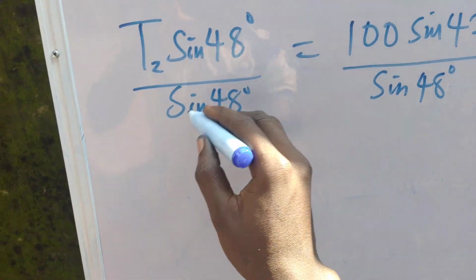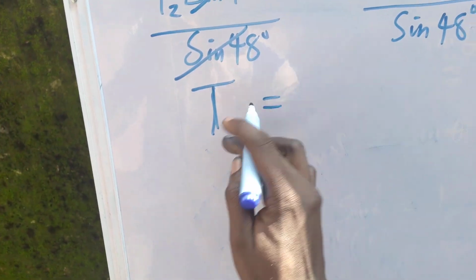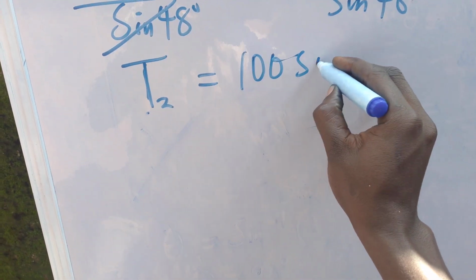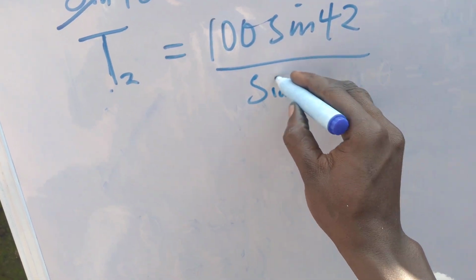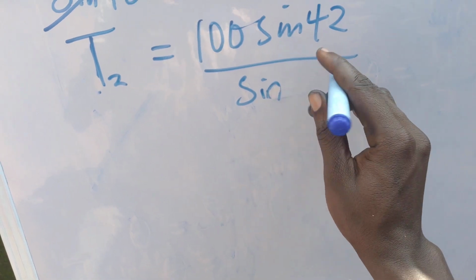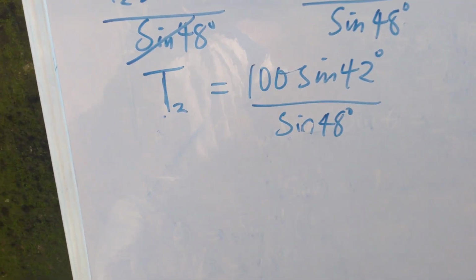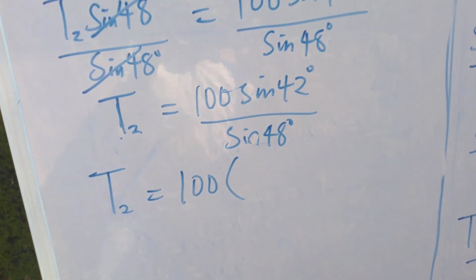So this eliminates this, and the tension T2 will be 100 sine 42 degrees over sine 48 degrees.